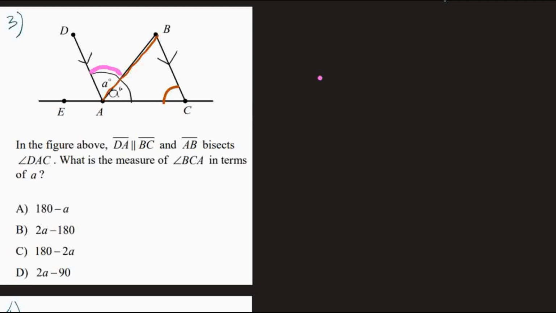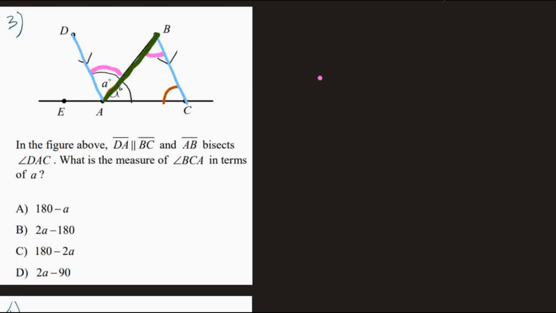This is equal to this. We can see the pattern: this is parallel and this is parallel, and this is the connector and this is the connector. So these two angles, which we shade in pink, they are equal.